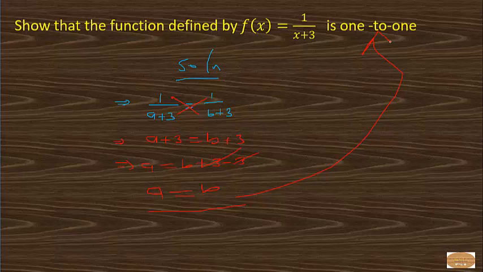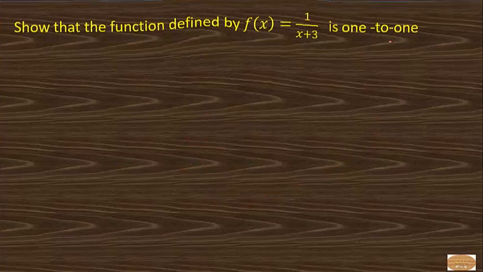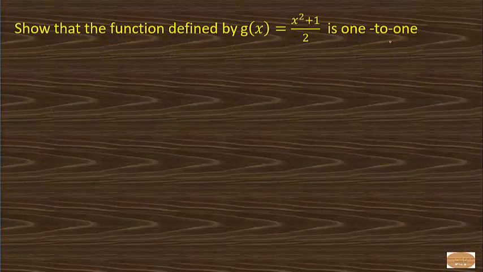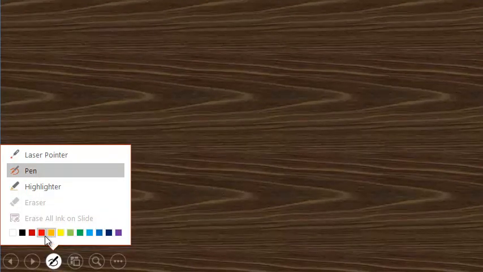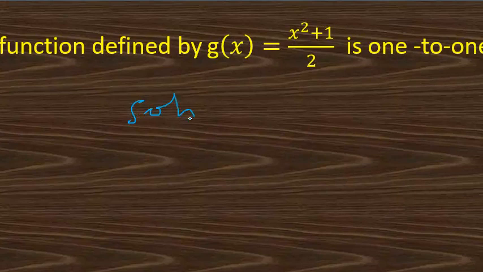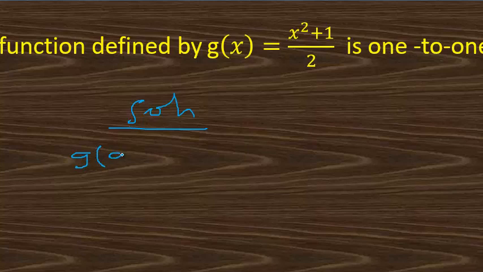Alright. So let's move on to our last example. So we have g of x equals x squared plus 1 over 2. So we are going to show whether this one is one-to-one. So per the condition, g of a must be equal to g of b.